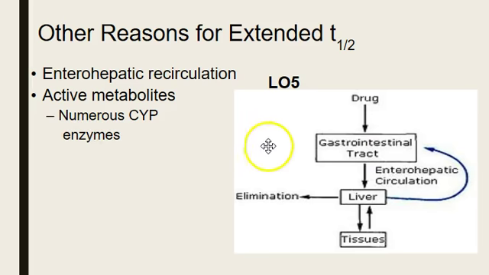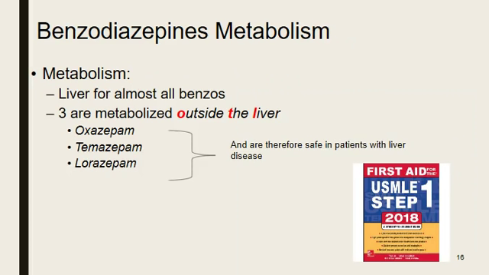And so the concept here is that most of these benzodiazepines have very strong CYP metabolic profiles, except three in particular. The three that are metabolized or biotransformed outside the liver include oxazepam, temazepam, and lorazepam.